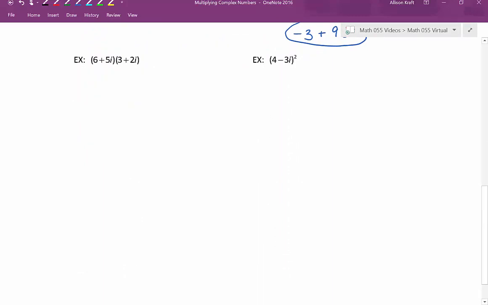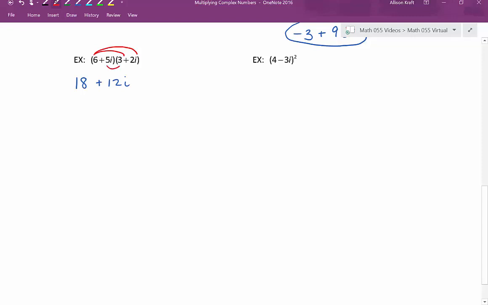In our next example, we're going to multiply 6 plus 5i times 3 plus 2i. We have no radicals to simplify, no i's to pull out, so we'll just multiply like we would anytime we have a binomial times a binomial. 6 times 3 gives us 18. 6 times a positive 2i, that's plus 12i.